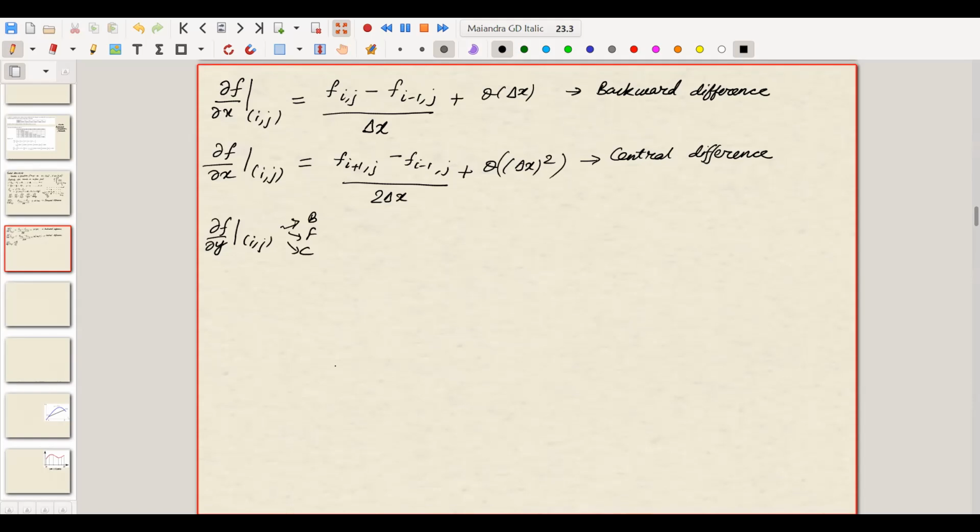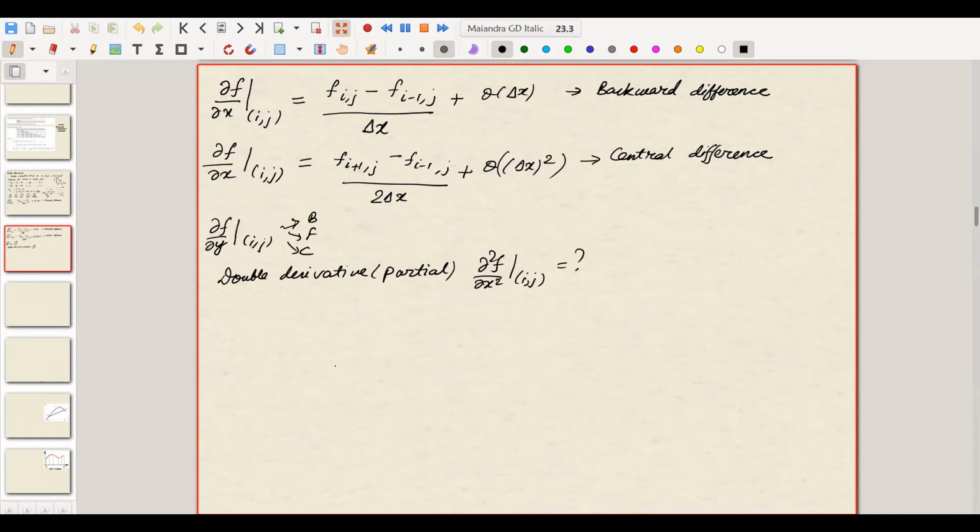Okay, now a bit more interesting thing, which will be helpful in your partial differential equations. Well, we will be learning about partial differential equations. So that is the double derivative, but partial. So we'll try to evaluate dou 2f by dou x2 at i comma j.